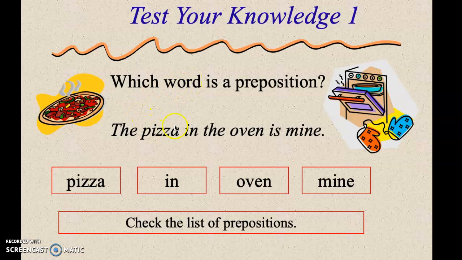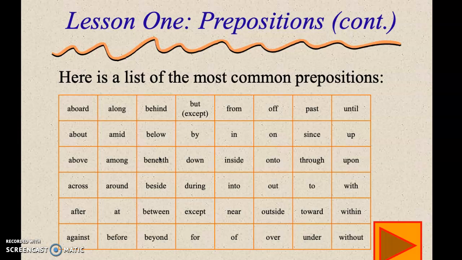All right, now it's a little bit of practice for you. Which word is a preposition in the sentence below? The pizza in the oven is mine. Here are your choices to choose from down here. This will be very similar to your assignment today. If I go back and look at my list of prepositions, I don't see the word pizza in there.